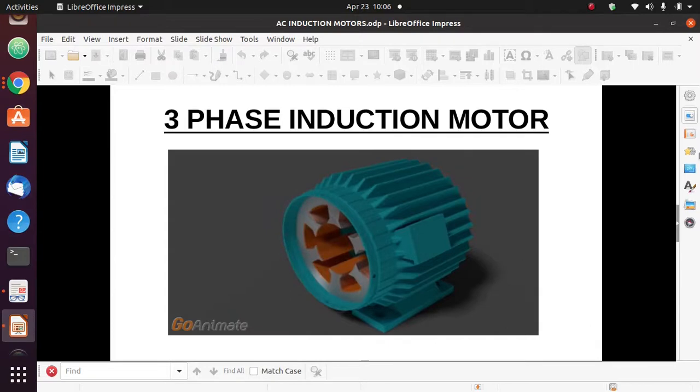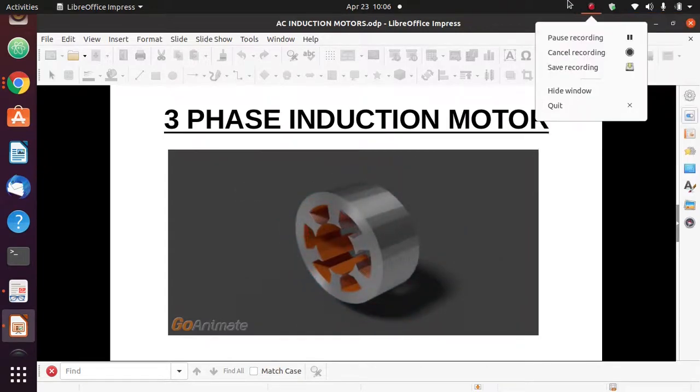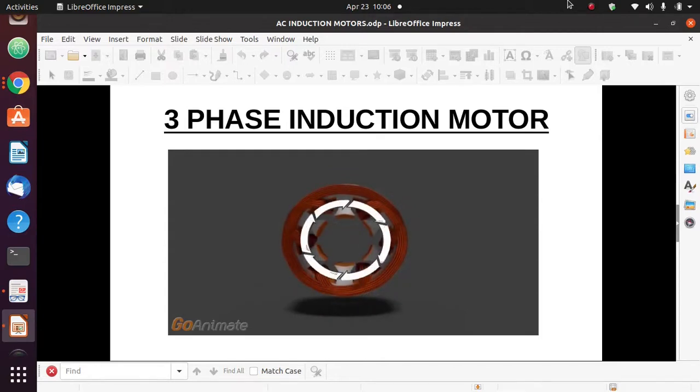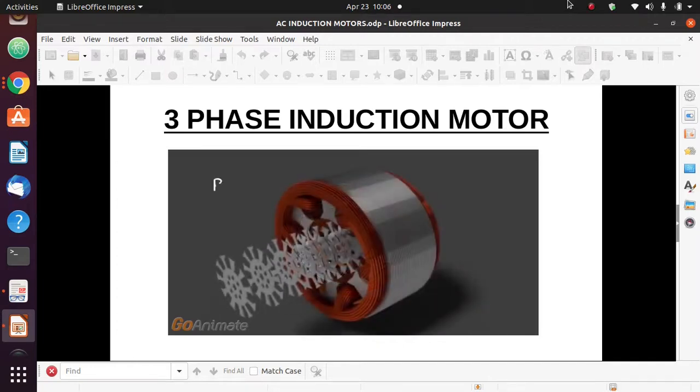The inner periphery of this cylindrical stator is provided with number of slots. A three-phase winding is so similarly distributed among these slots that when a three-phase power is supplied, a rotating magnetic field is produced. This magnetic field rotates at a synchronous speed. Second one is rotor. Rotor of a three-phase induction motor consists of cylindrical laminated core with parallel slots.